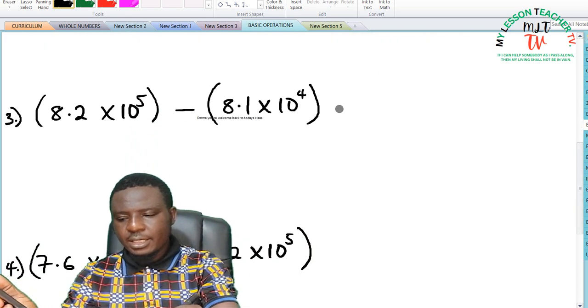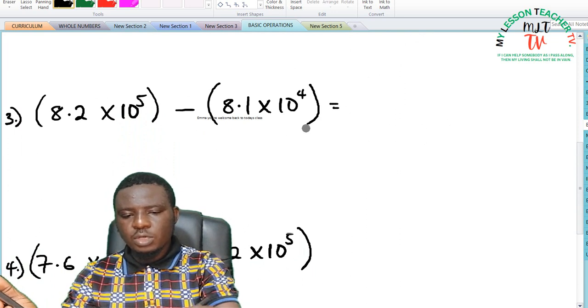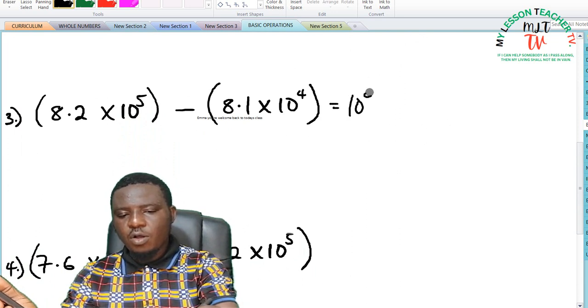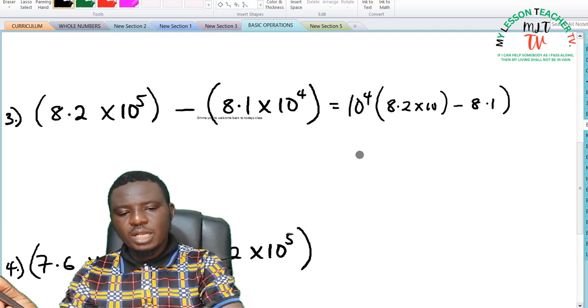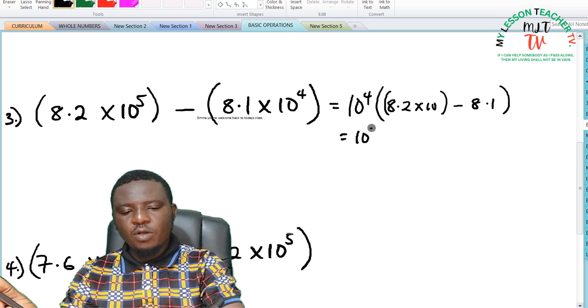Number 3, this is equal to, I'll factorize out 10 raised to the power of 4 into 8.2 times 10 minus 8.1. So that this is equal to 10 to the power of 4 into 82 minus 8.1.